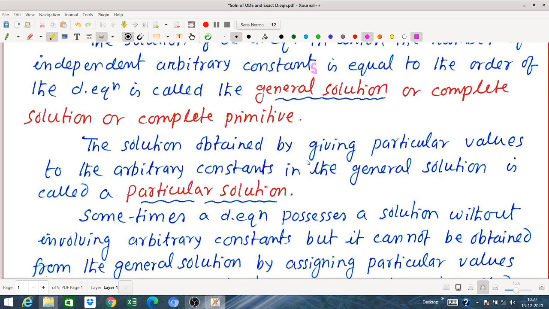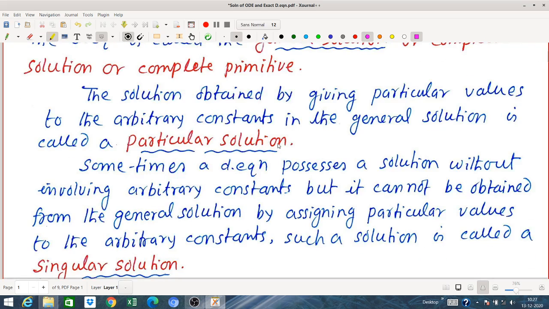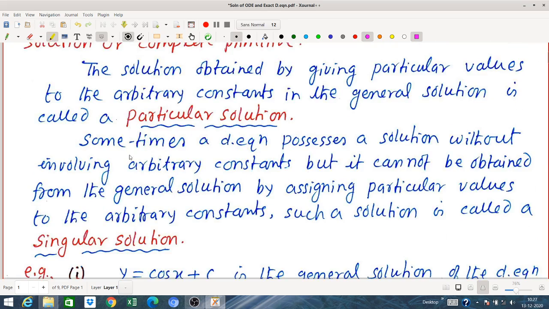The solution obtained by giving particular values to the arbitrary constants in the general solution is called a particular solution. Arbitrary constants can take any values, an infinite number of them. If we give particular values, that will also be a solution, called a particular solution.